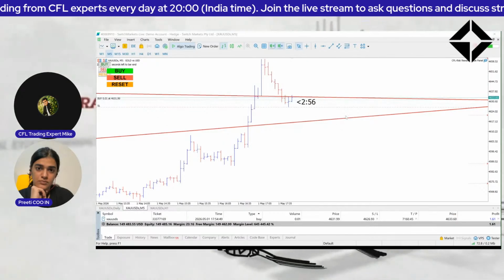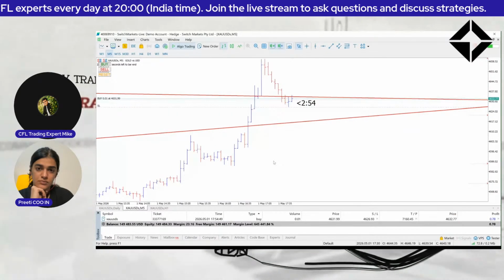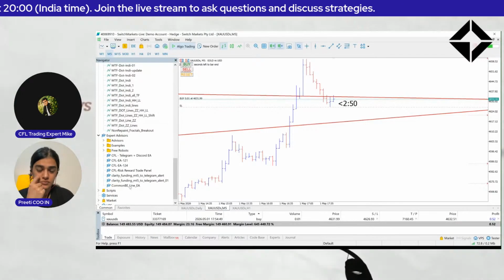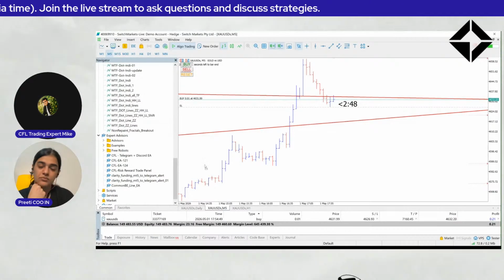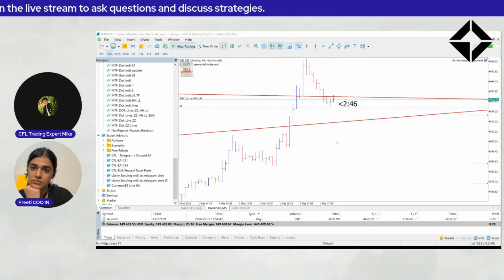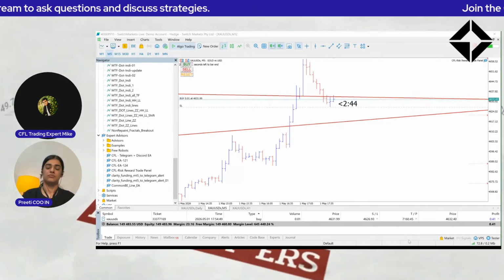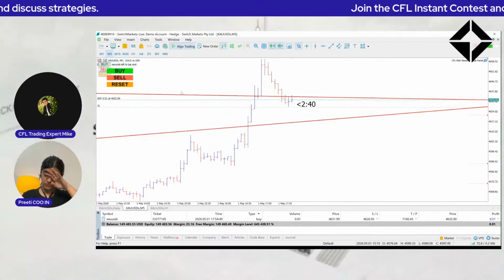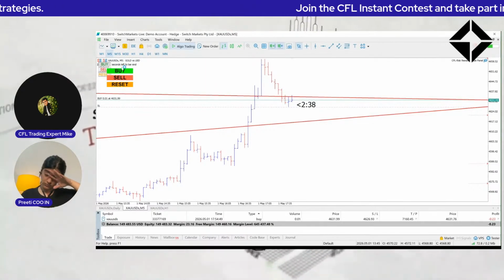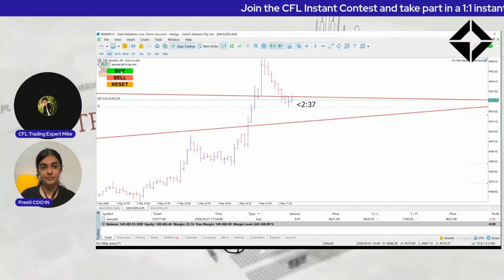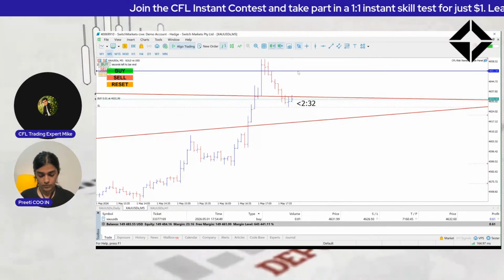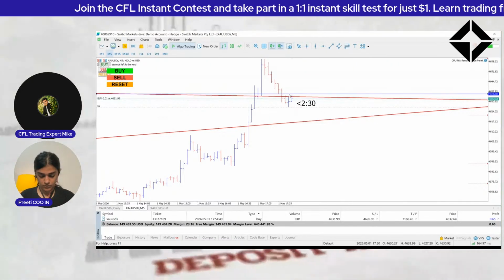Okay, we remove it and place it down again. Entry line, I drag the entry line here.